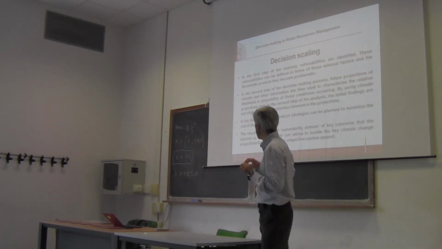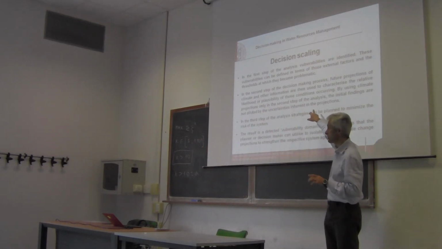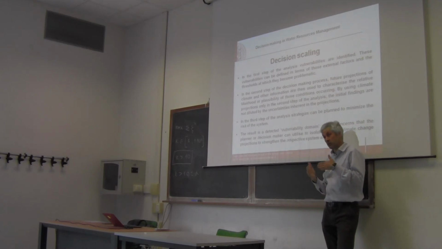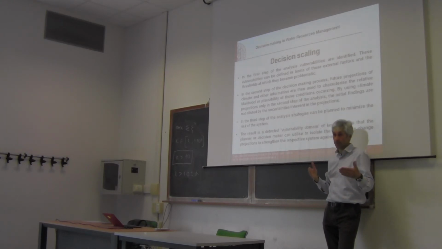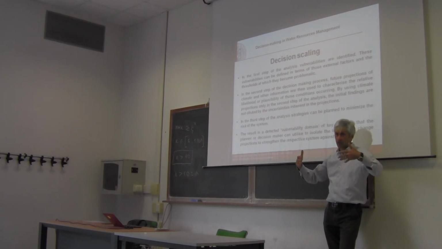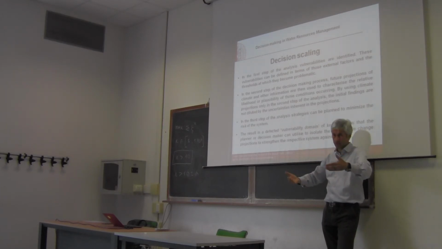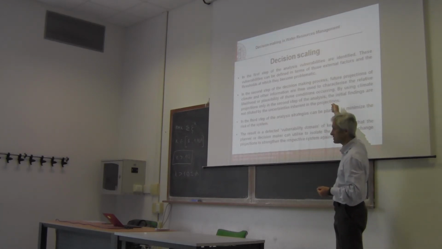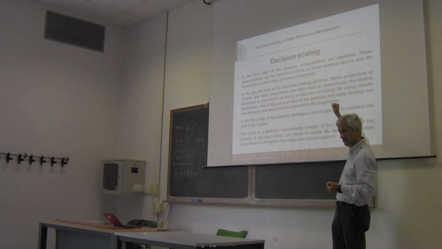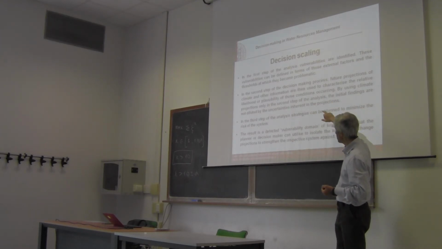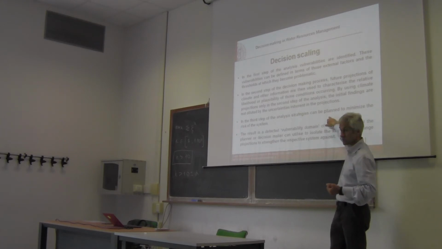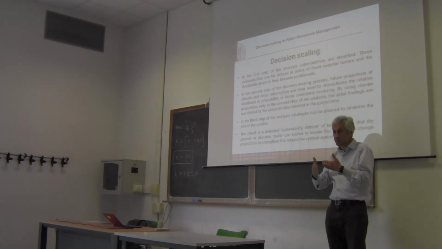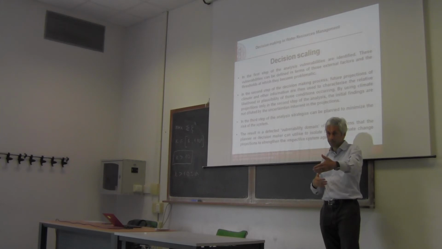And in the paper that proposed decision scaling, the authors specifically mentioned stochastic simulation, which means get any information that you may have on the future and test whether these futures can make the system vulnerable. Okay, and then you plan the strategies in order to minimize these vulnerabilities.